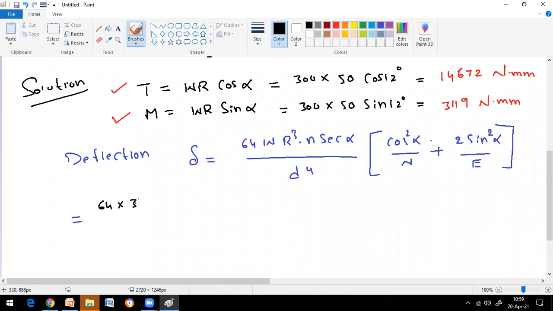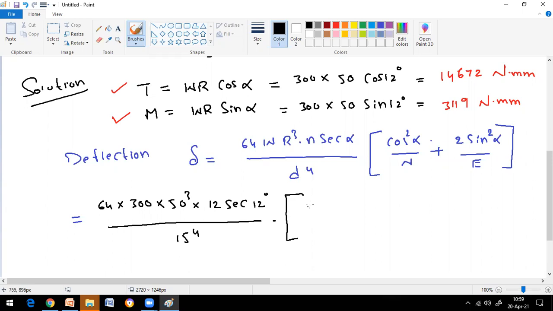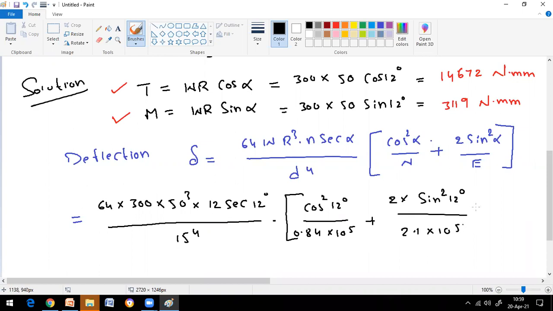What is W? 300 into what is R cube? 50 cube, 12 secant 12 degrees by D power 4 into cos square 12 degrees by 0.84 into 10 power 5 plus 2 into sin square 12 degrees by 2.1 into 10 power 5.